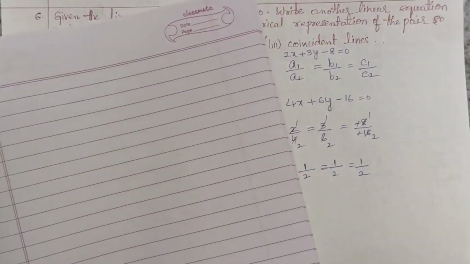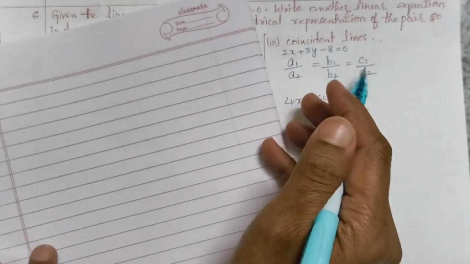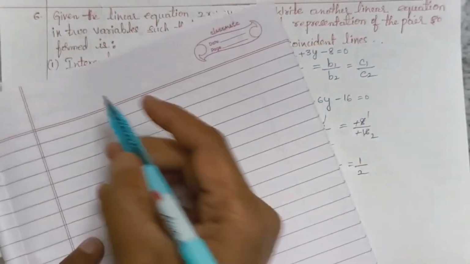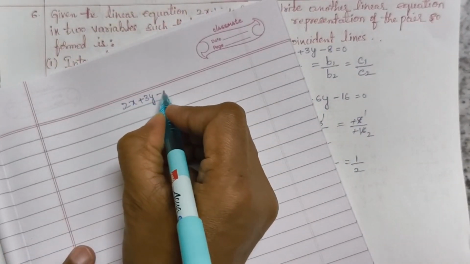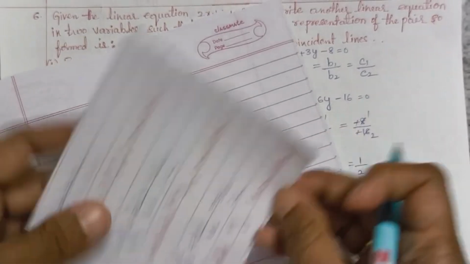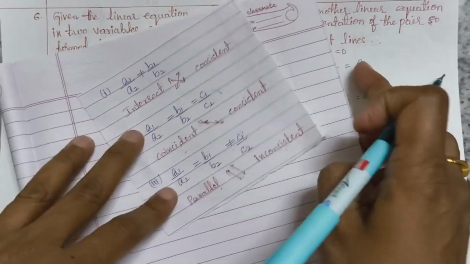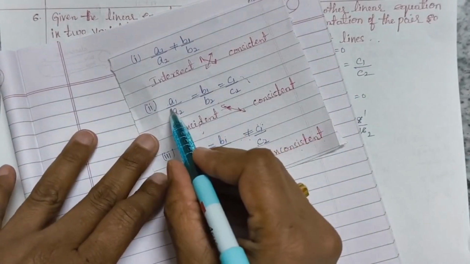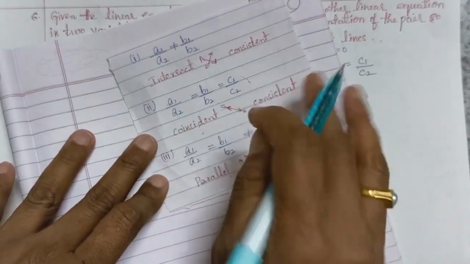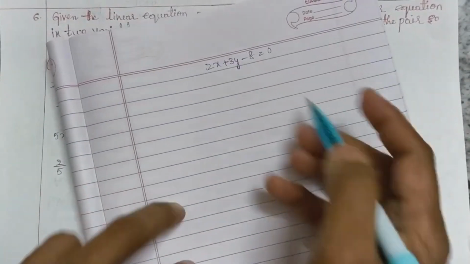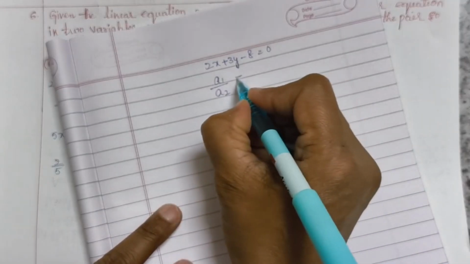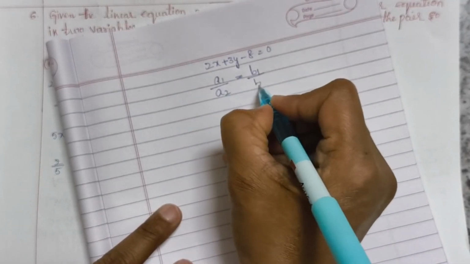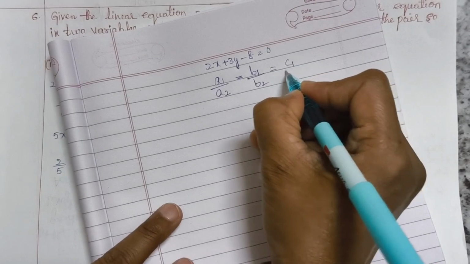Next, the third one. Which lines? Coincident lines. First I will write the equation 2x + 3y - 8 = 0. Coincident lines means all are equal: A1/A2 = B1/B2 = C1/C2.